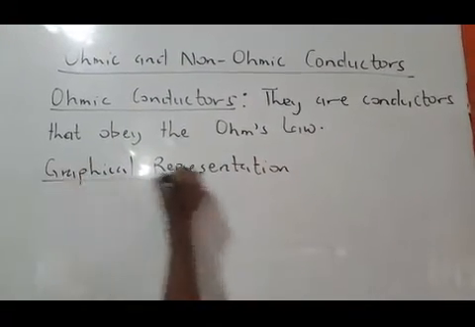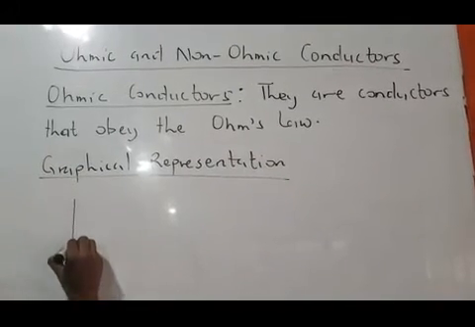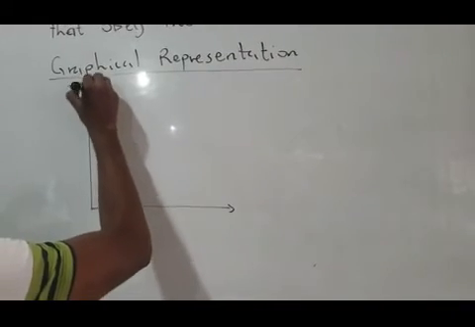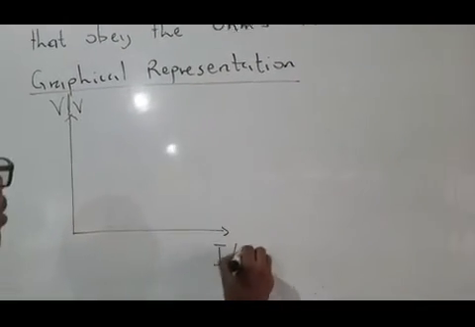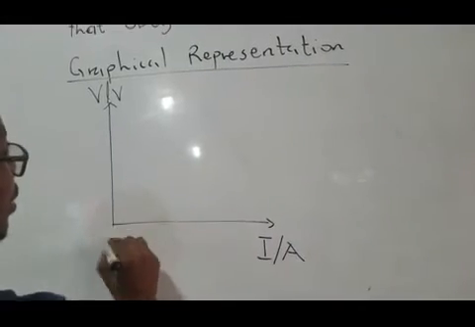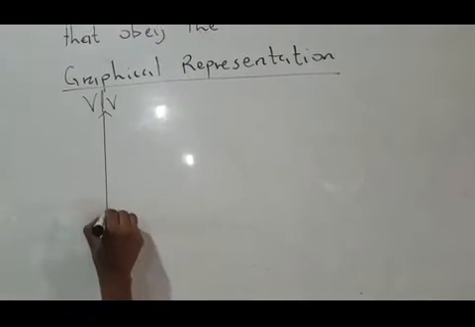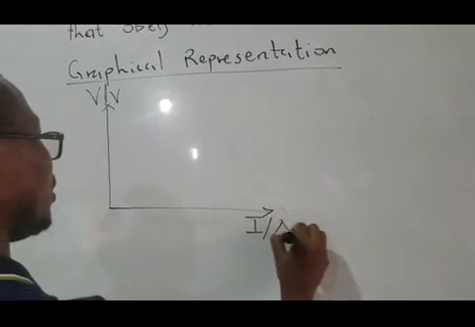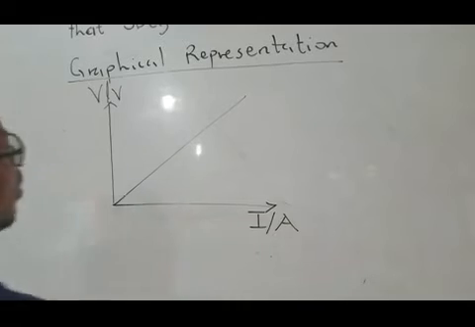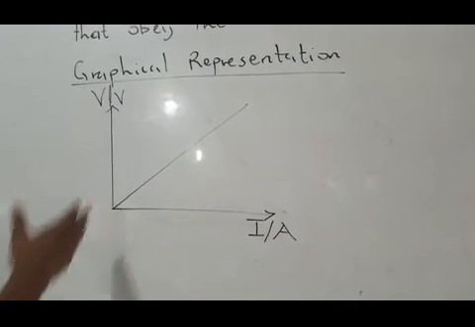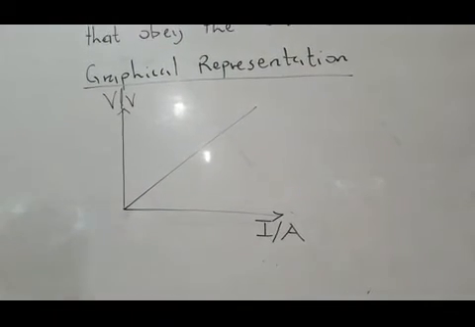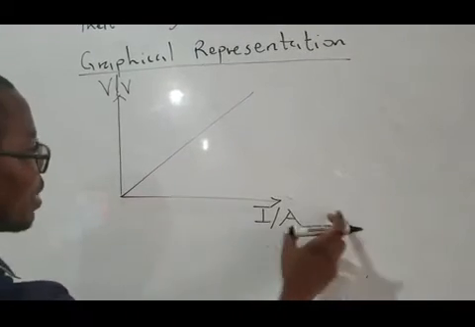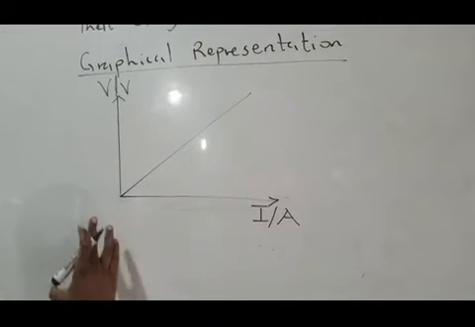So any conductor that is ohmic, a graph of the voltage in volts against current in amperes should indicate a linear graph showing a direct proportion between V and I. At any point, the current increases as you move to the right, and the voltage increases as you move upward.